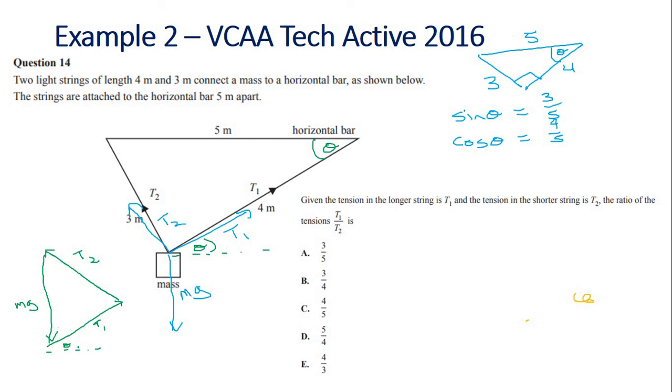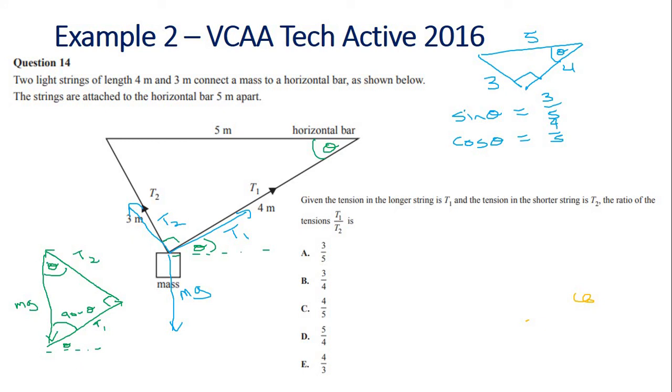So we've got theta here. T1 and T2 make an angle of 90 degrees, so this is an angle of 90 degrees. This is an angle of theta here, which means this is an angle of 90 minus theta, which means this angle is theta, because our angles need to add up to 180 degrees.